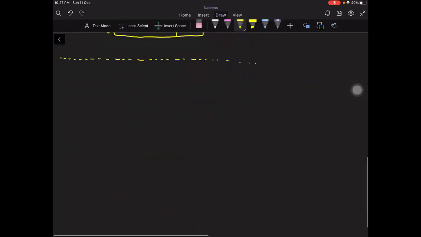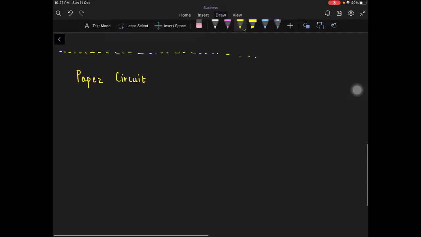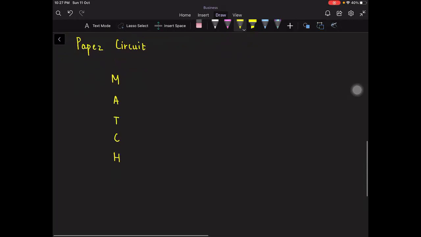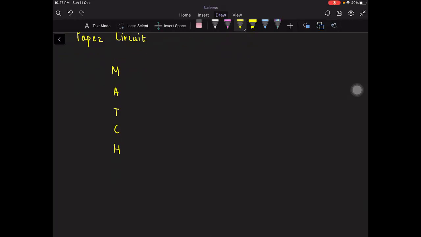Okay. So when you want to memorize your Papez circuit, I recommend you write this down with me so that you remember. Write this much. All right. Now, what are these things?